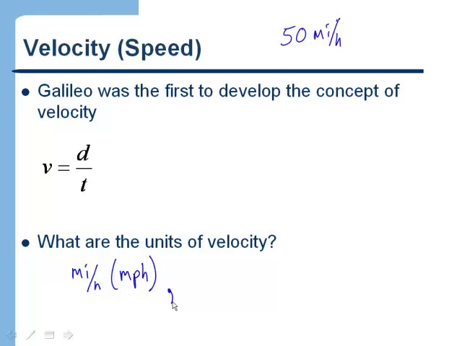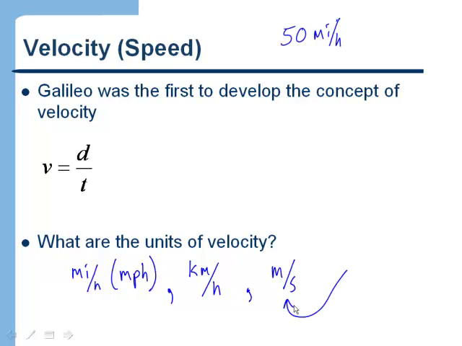So if we're writing miles per hour, we'll write it as mi/h. Other units for velocity really can be anything that is a unit of distance over a unit of time. So for example, a kilometer per hour is another common velocity unit that you see on your car speedometer along with miles per hour. The SI unit for velocity is meters per second.